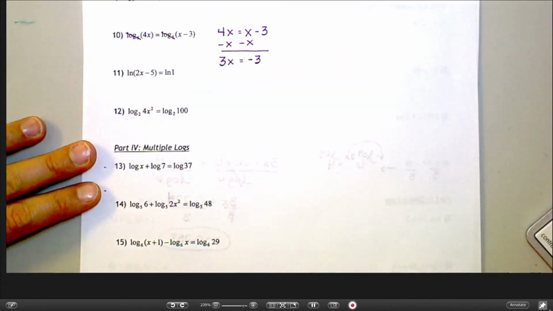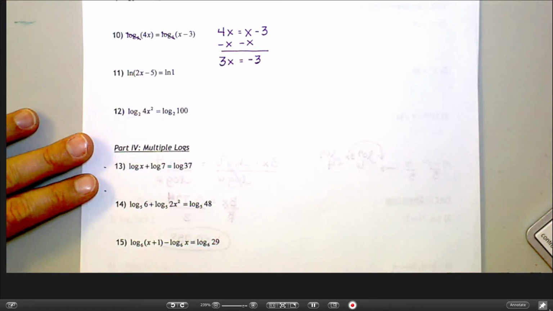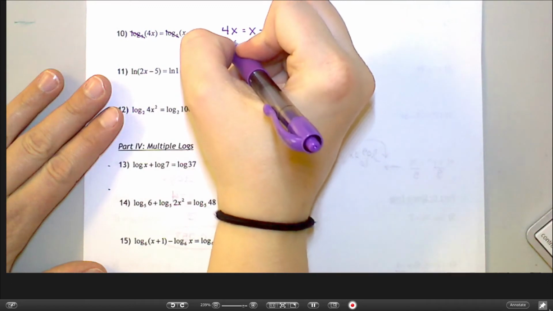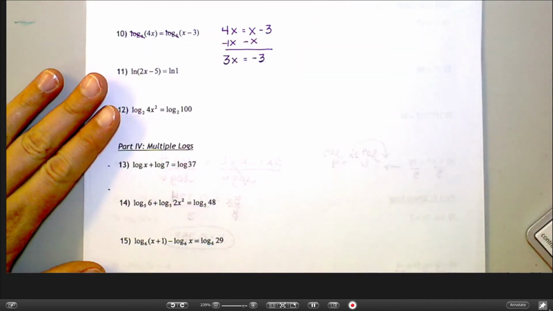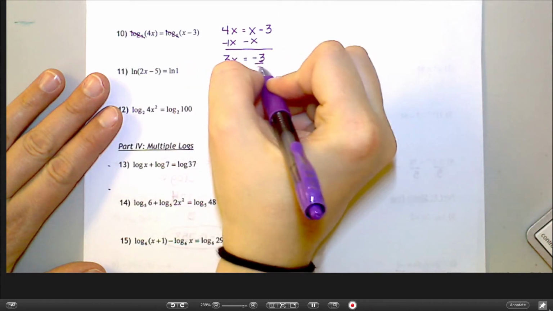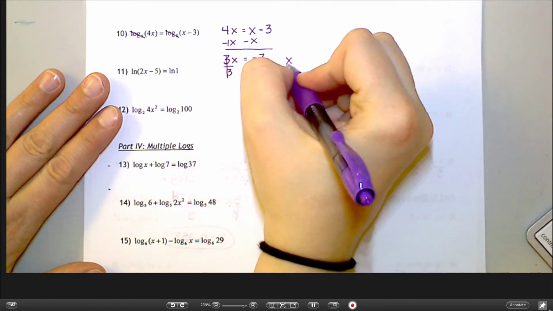Yes. I see that all the time. People say 4x minus x is 4 because they figure that if you're taking away the x, then the x is gone off the 4. But that's not what this is. This is 4x minus 1x is 3x. Okay? Divide by 3. Divide by 3. X is equal to negative 1.